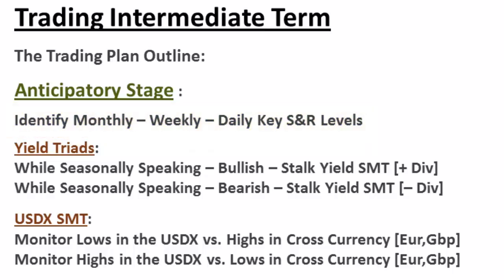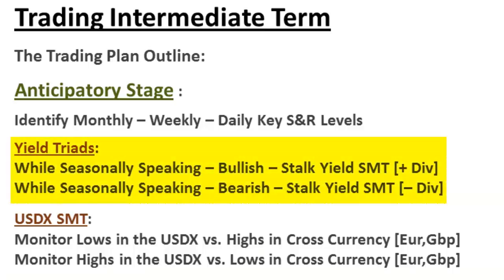Now, while we're waiting for a setup, okay, when we're seasonally speaking bullish, you're going to be stalking the yields, the yield triads, and I'm going to refer to basically my favorite pairs for this plan, that being the fiber, Euro USD, and the cable, British Pound USD pairs, because they are crossed with the dollar.